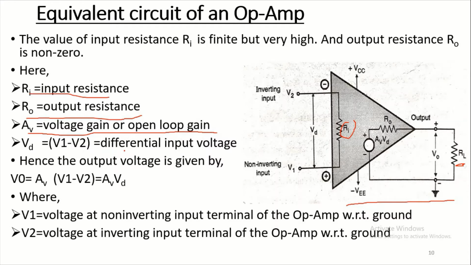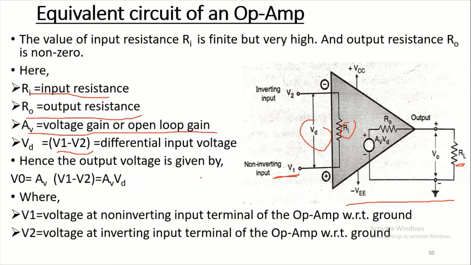Vd means differential signal. Mathematically it can be expressed as V1 minus V2. Here the V1 signal is applied to the plus terminal, the non-inverting terminal, and V2 is applied on the negative terminal, the inverting input. So Vd is V1 minus V2.